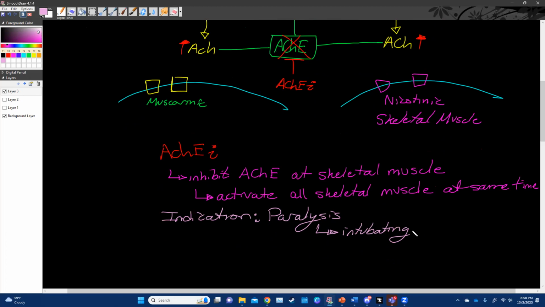What specifically are we using the paralysis for? Why do we need to paralyze the patient in order to do this? So they don't asphyxiate and reject it. Why would they reject it, is my question. Exactly.